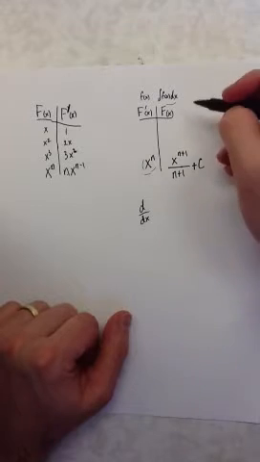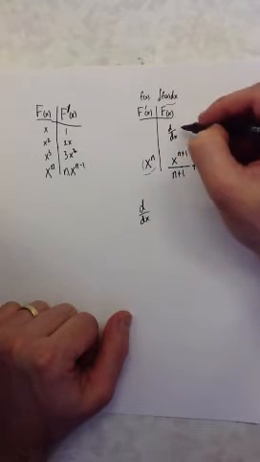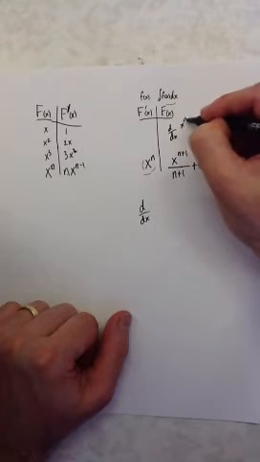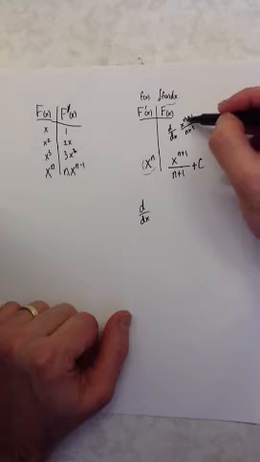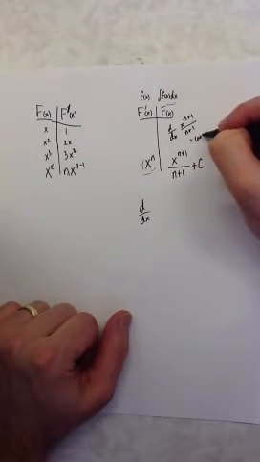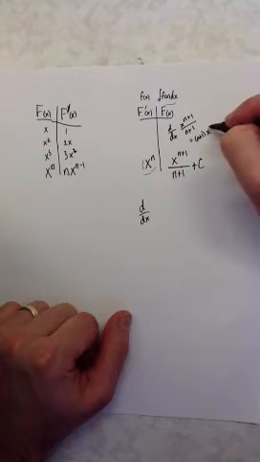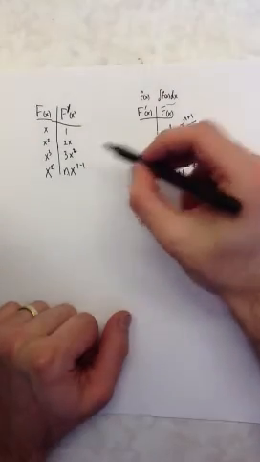So the derivative of x to the n plus 1 over n plus 1. I take the exponent down, so this is equal to n plus 1 times x to the n plus 1, and then I subtract 1 when I take the derivative.